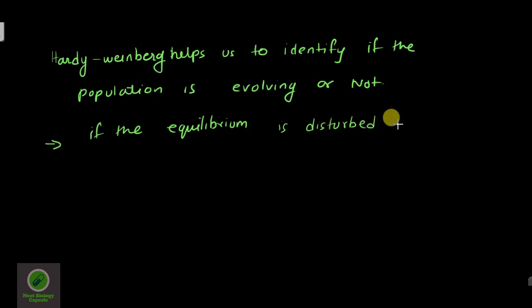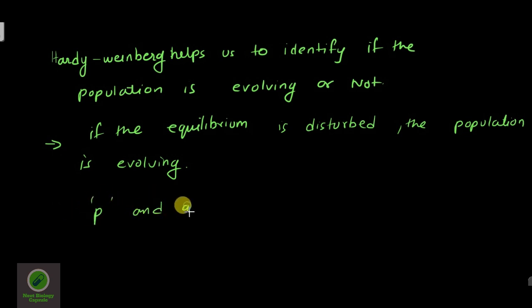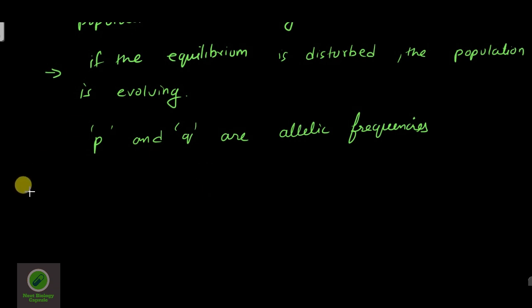If the equilibrium, that is the value of p plus q, is disturbed or varies from 1, that means the population is evolving. So p and q are the allelic frequencies that are important factors to understand how a population evolves.